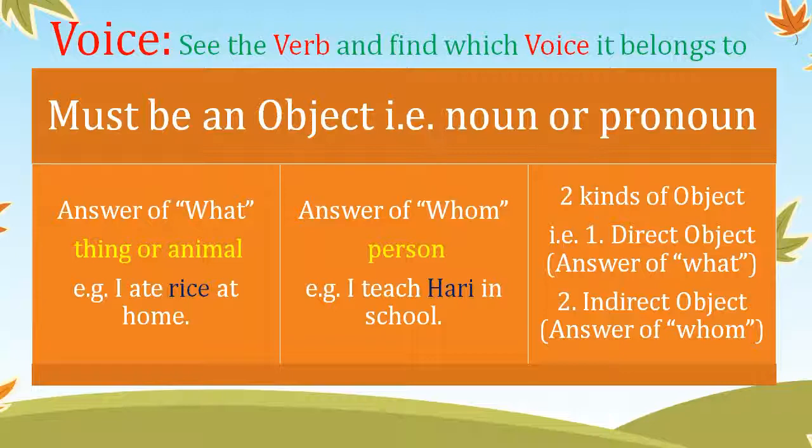And when the verb is in B3, then you must look at another rule: there must be a be verb before the B3 or past participle form of the verb. What are the be verbs? Am, is, are, was, were, be, being, been. These are the be verbs. So these be verbs must be before the B3 form or past participle form of the verb. Then it can become a passive voice. Otherwise, that is not passive, meaning that it is active.